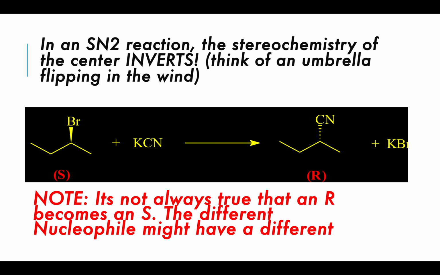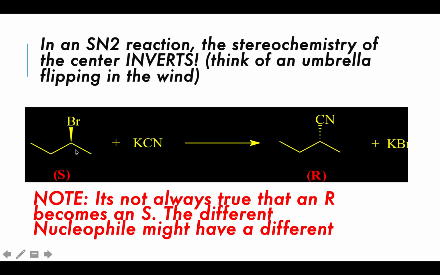Now, another important facet or characteristic of Sn2 reaction is that it exhibits what we call inversion. In fact, it exhibits 100% inversion. Why? Because when you do that backside attack, the tetrahedral flips like an umbrella flipping in the wind.